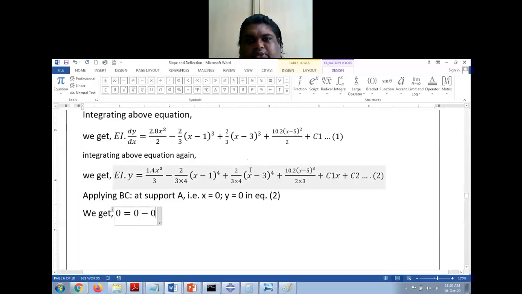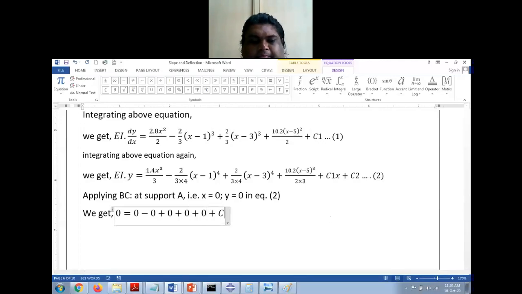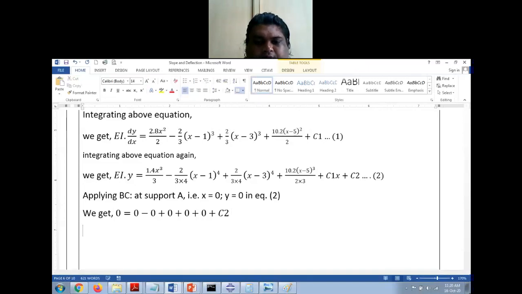This term will also be 0 because x minus 3, so plus 0. This term will also become 0 plus 0. C1 into x, x is 0, plus 0 plus C2, right? Or C2 is equal to 0. So I found the C2 now.